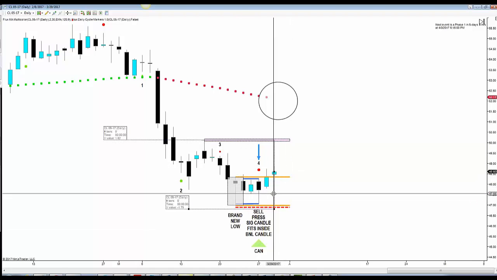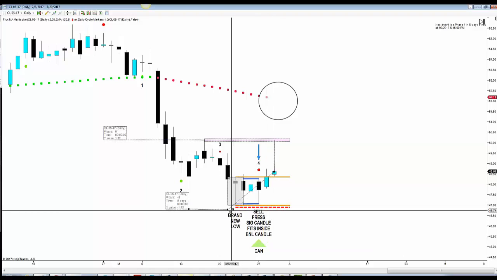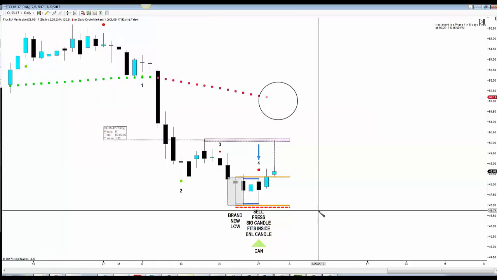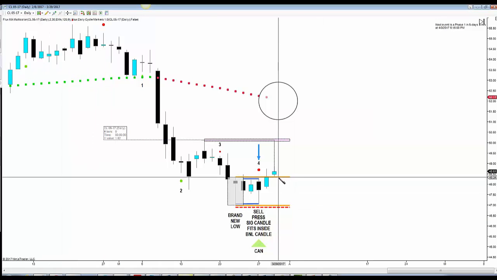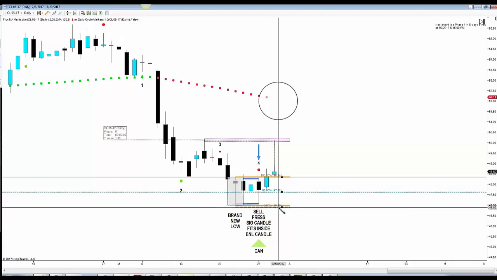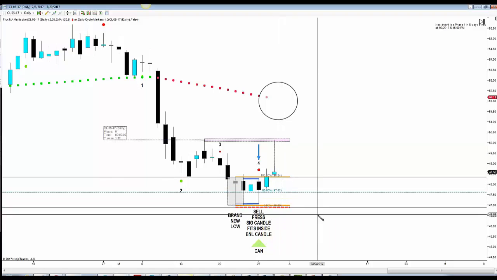If you wanted to, I would strongly encourage you to examine a stop halfway between here and here, so just below 47.62.